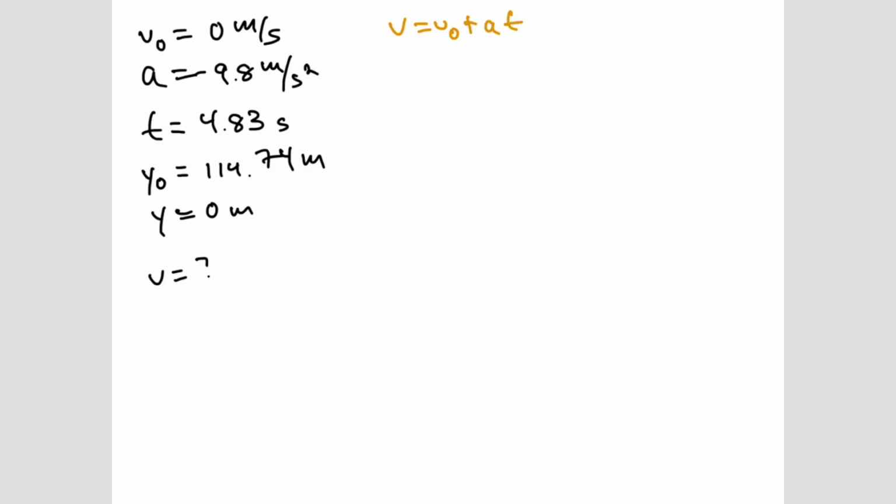That's already isolated for V, and there's no V naught term, so V is equal to negative 9.8 meters per second squared times 4.83 seconds. On the calculator, negative 9.8 times 4.83 gives an impact velocity of 47.334 meters per second.